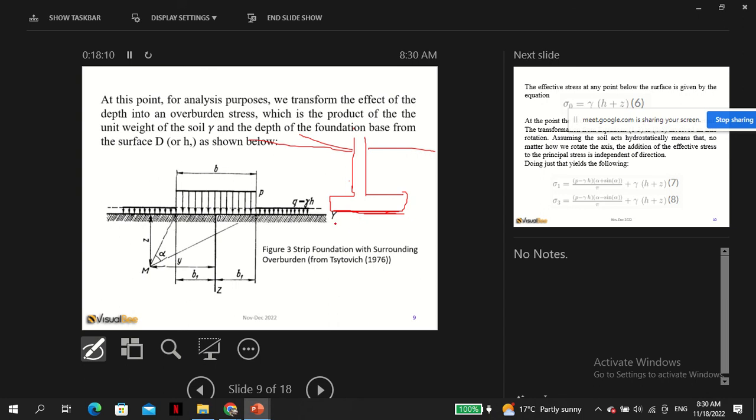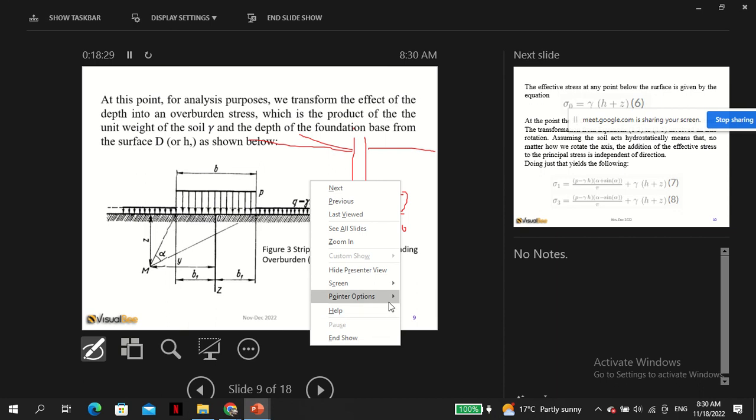Based on logic, you know that Z max is 0, because that is the level of the foundation. Plasticity cannot start anywhere else apart from the position where the foundation is in contact with the soil.